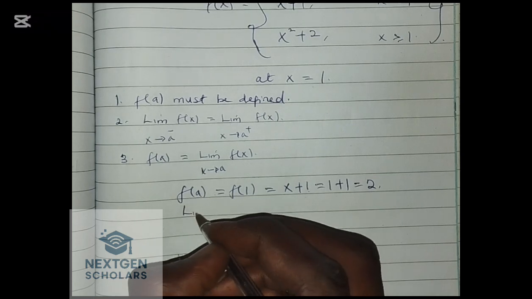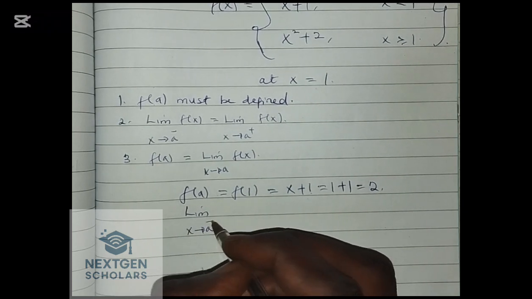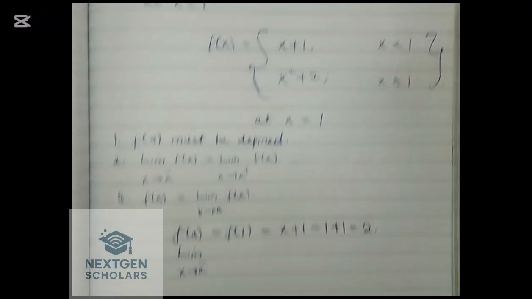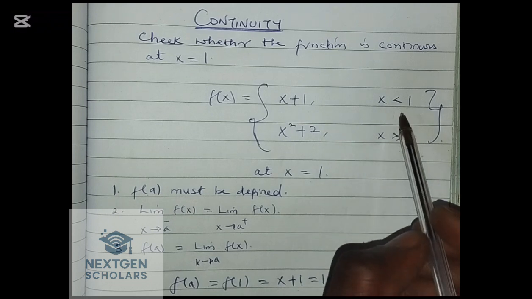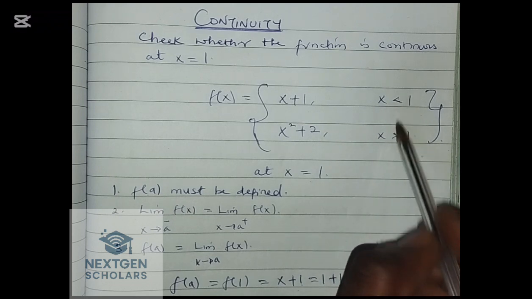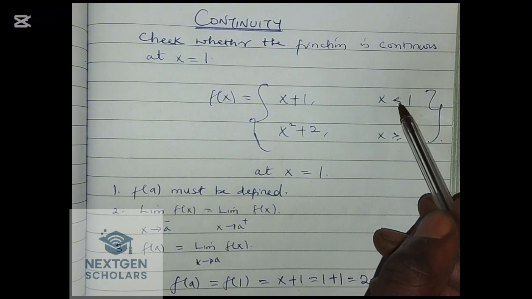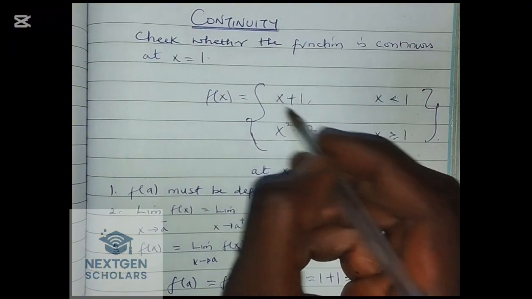So the limit as x approaches a from the left. From the left, which of these equations are we supposed to pick? All you have to do is check your inequality sign. Which of these signs is facing the left? This one is facing the left and it's to the left of 1, so we use this function.